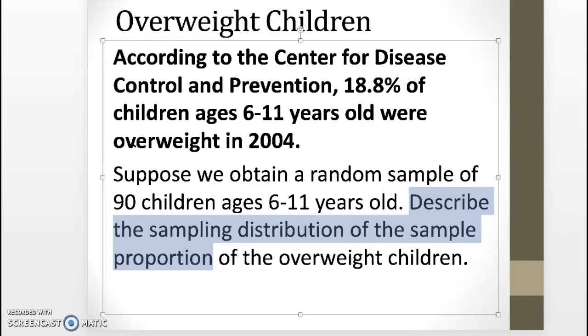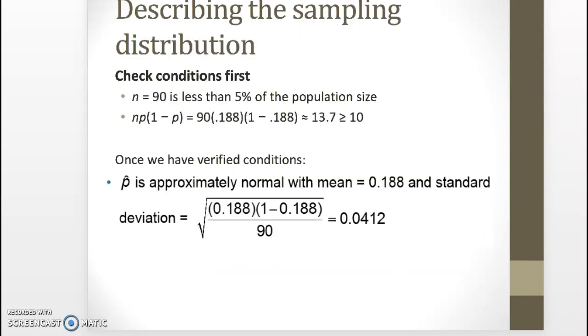So before we go ahead and give the shape, we want to check our conditions. So the first thing we'll check is that less than 5%. There are probably several million children 6 through 11 in the US, or there were in 2004, definitely. So 90 is definitely less than 5% of your population size.